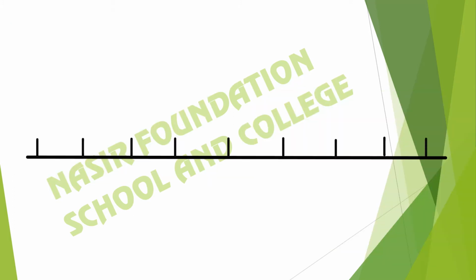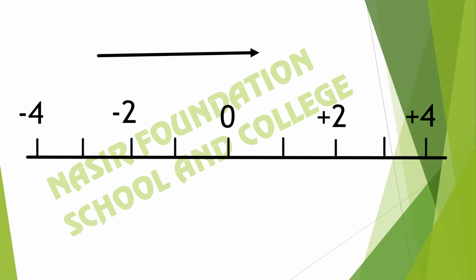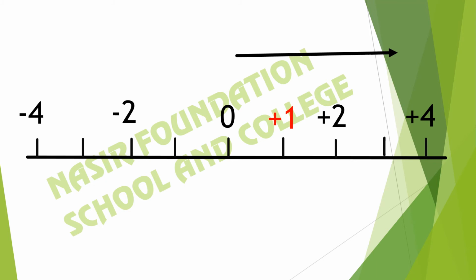Here a number line has been shown and some of the numbers are already placed on it and some of the numbers are missing. We have to write these numbers. If we move towards the right side, what will be the next number? The next number will be +1.